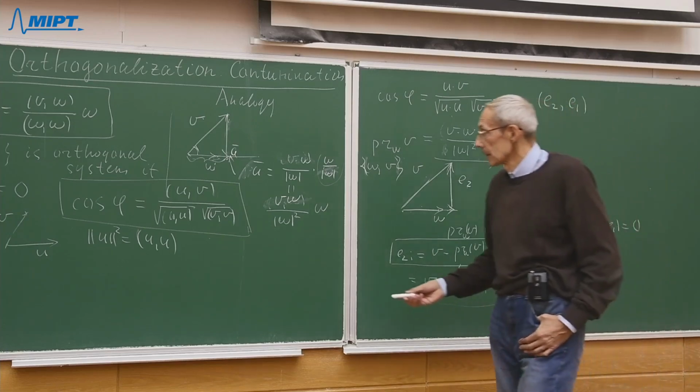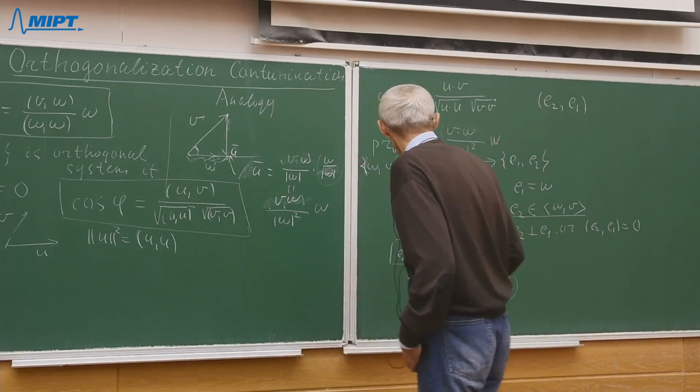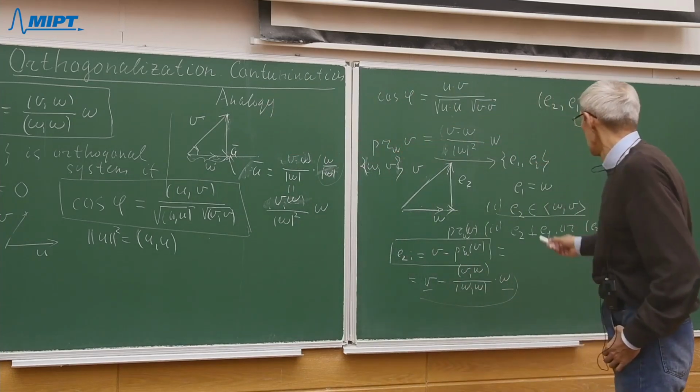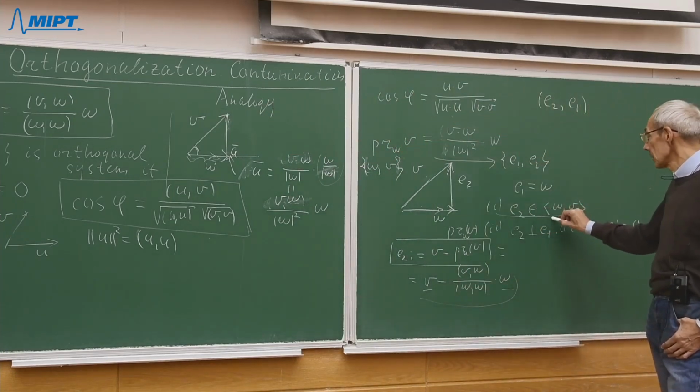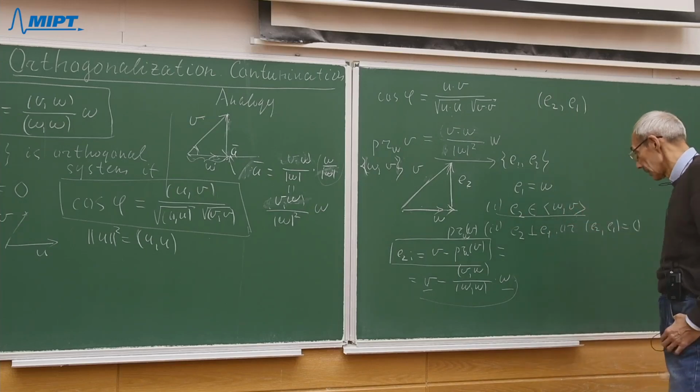It means that the vector e2 belongs to the linear span of the vectors w and v. This is the first condition.